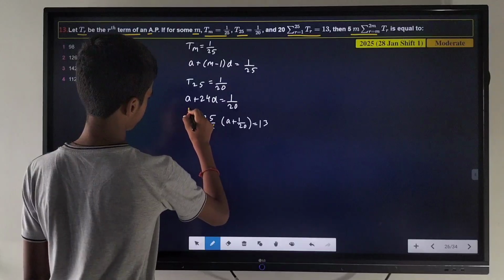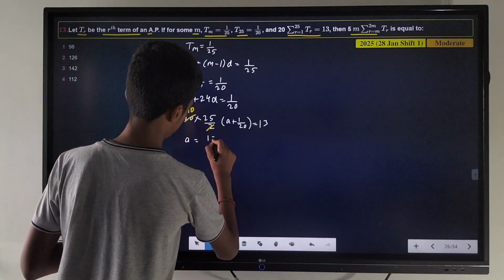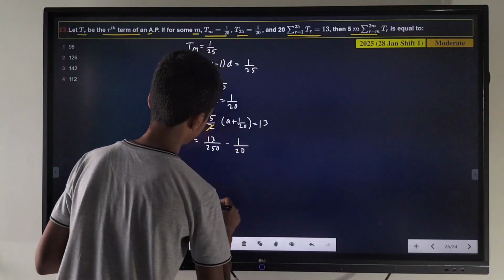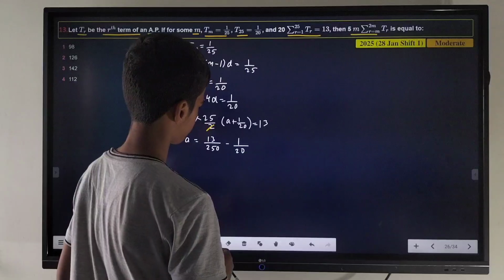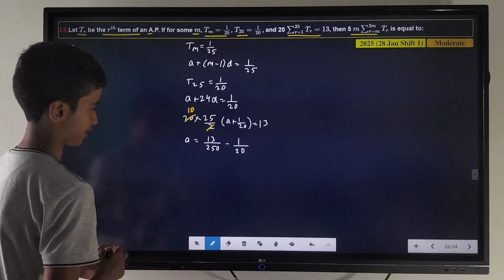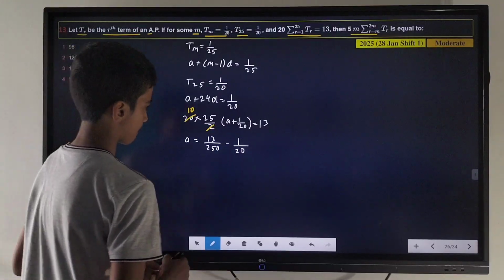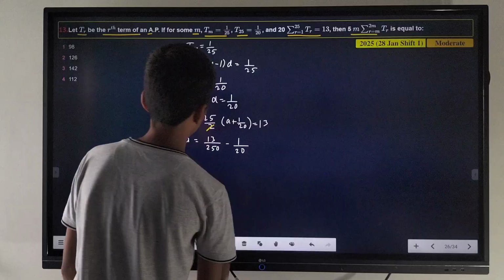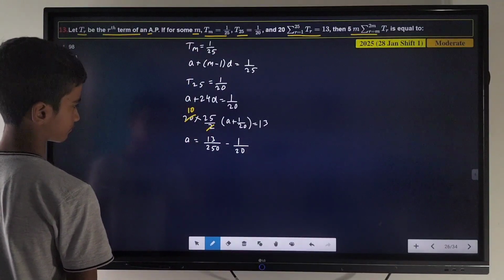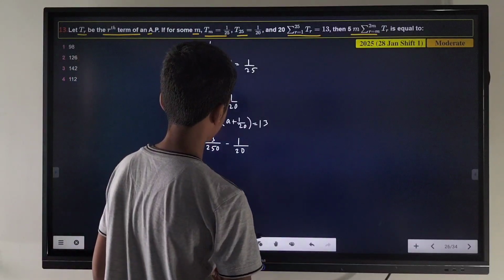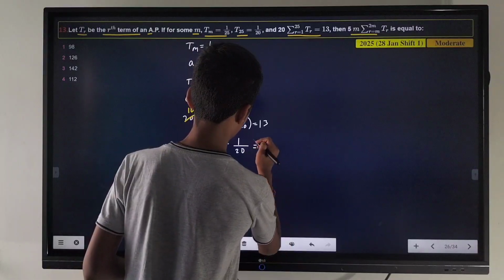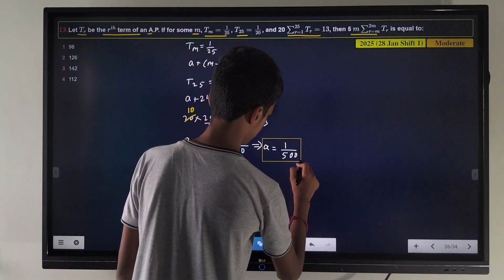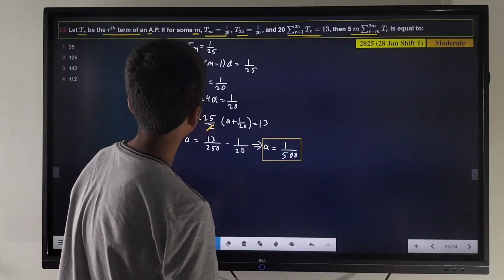Now from here we will find the value of A. A is equal to 1 upon 500. So we have our value of A now.